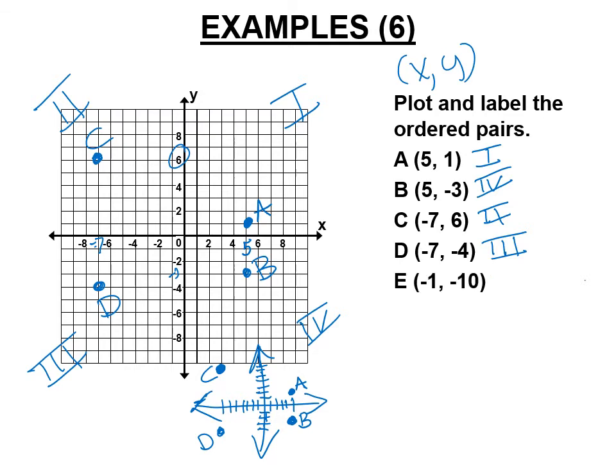Where's E? He is at (-1, -10), right down there. What was that? 1, 2, 3, 4, 5, 6, 7, 8, 9, 10. He's down there. F is at (-4, 0).